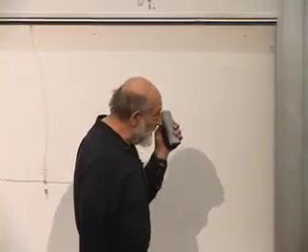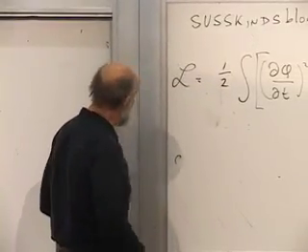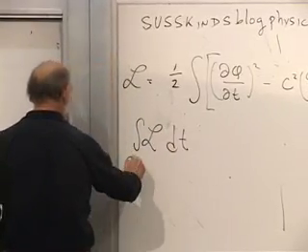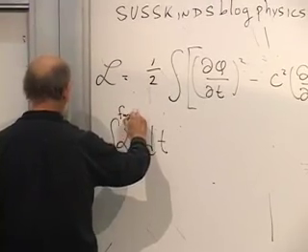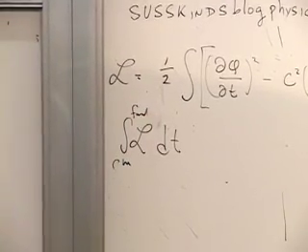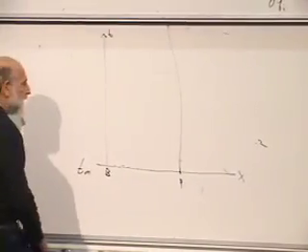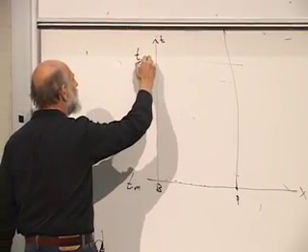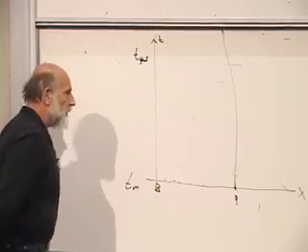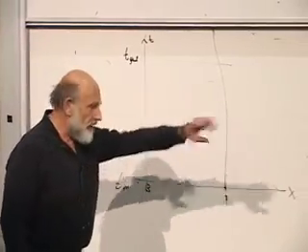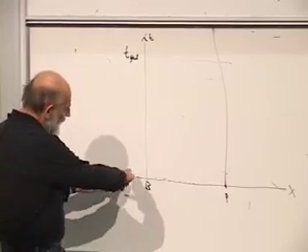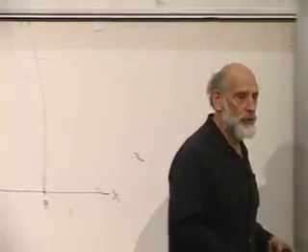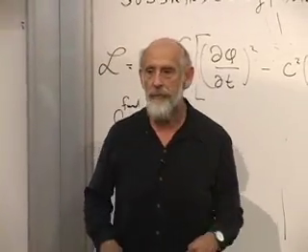All right, that's the Lagrangian. But what about the action? The action is the integral of the Lagrangian with respect to time from some initial to some final time. So let's pick an initial time over here, t initial, t final. Before we write it, let's remember what we're supposed to do. We pick an initial condition, and an initial condition means we specify the q's. Well, what are the q's in our problem? The phi's.